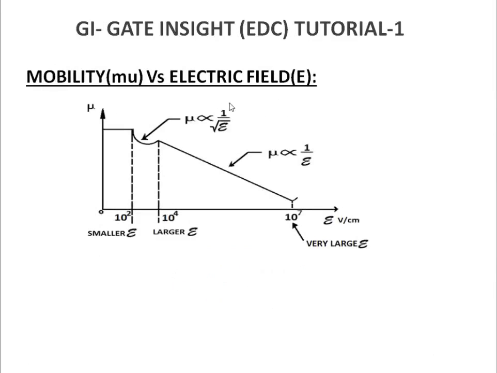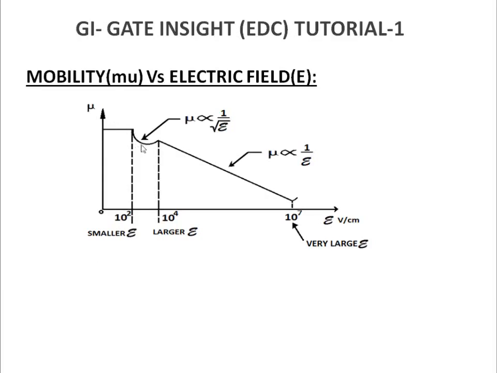Next we have mobility versus electric field. Now we are going to see what happens to the mobility if we increase the electric field. First, for smaller electric fields, that is less than 10 to the power of 2, the mobility remains constant.